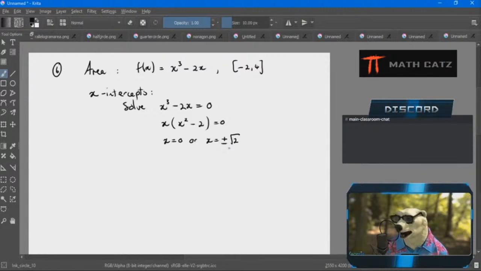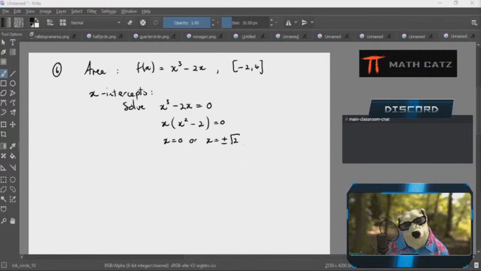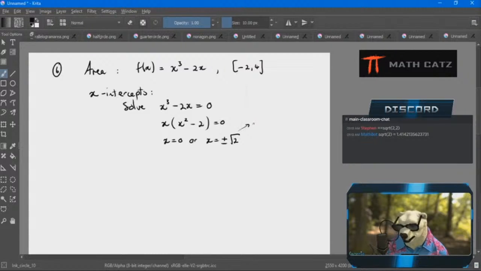And then I check, are any of them in this interval? Well, I need to go check what is the square root of 2. Square root of 2 is roughly 1.41.